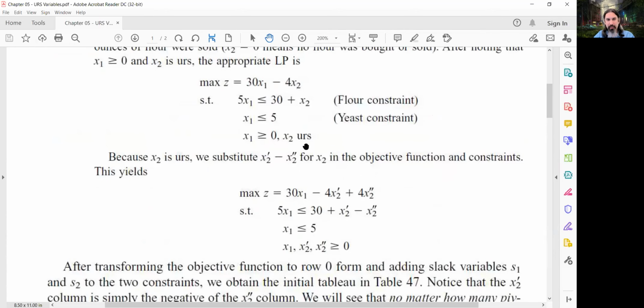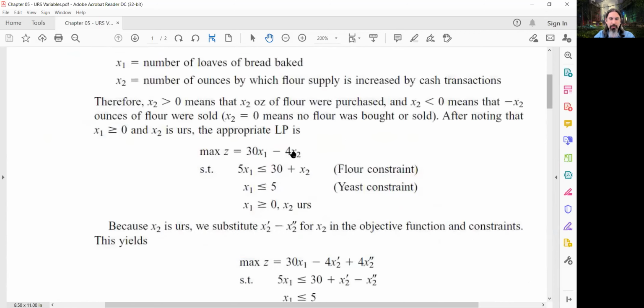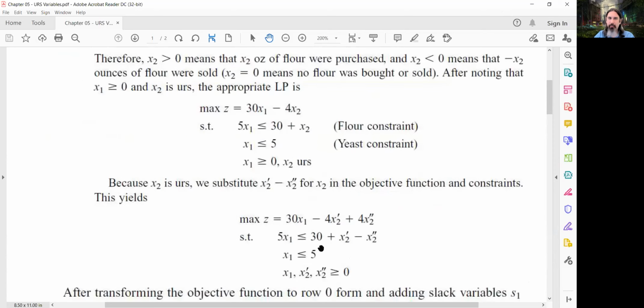Because when you are solving a question, for every constraint, you only get one basic variable. So at the start, in this question, you can only have 2 basic variables. And when you turn this into this form, you still can have only 2 basic variables. So in here, the basic variables that are going to take the value, we already know, are x1 and x2. So it should be x1 and one of those x2 dash variables. It cannot be both of them.